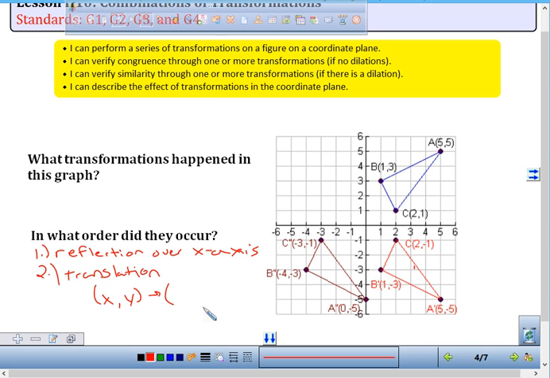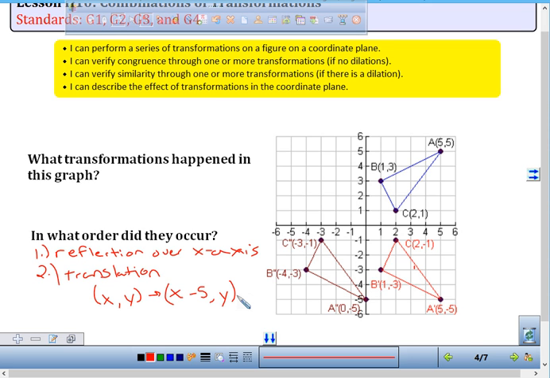One, two, three, four. Okay, you have the right idea, but it's 5. When it goes to the left, it's negative. So we say x minus 5. How about y? Just stays the same. It doesn't do anything. It's just y. Okay, very good.